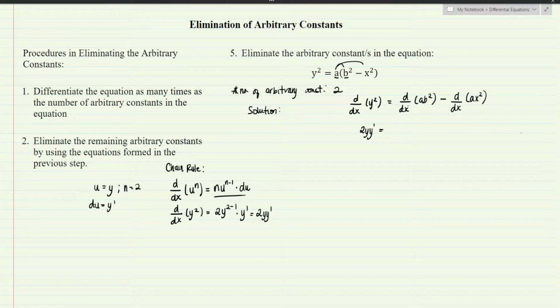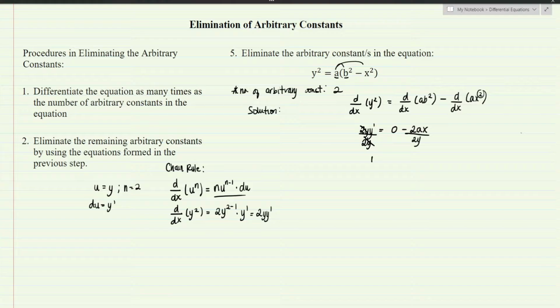Then on the right side, derivative of ab squared with respect to x is 0 since there is no variable x here. Then minus derivative of ax squared, that would be, if I use power rule, I will bring down 2, then multiply it by a, then subtract an exponent of 1 to the exponent 2. So I would have here 2ax. Next, I can further simplify this one by dividing both sides by 2y.